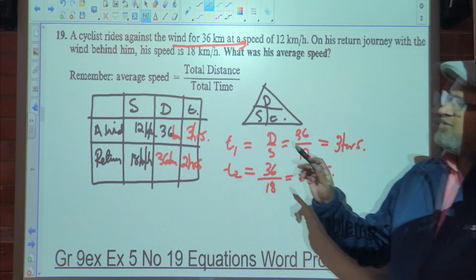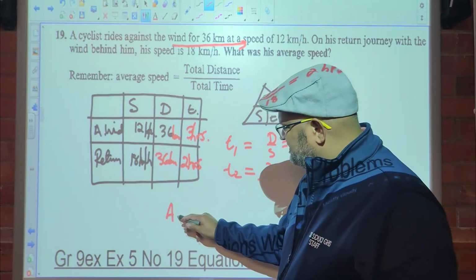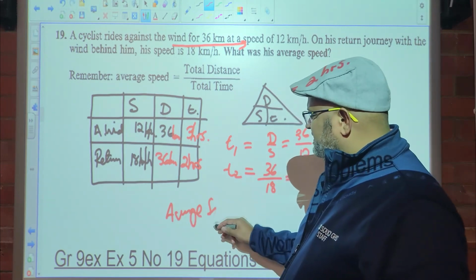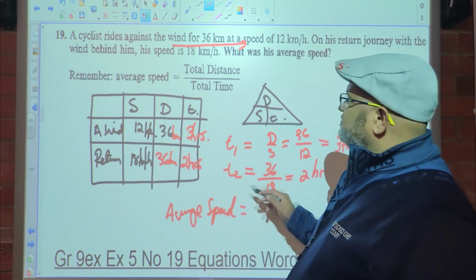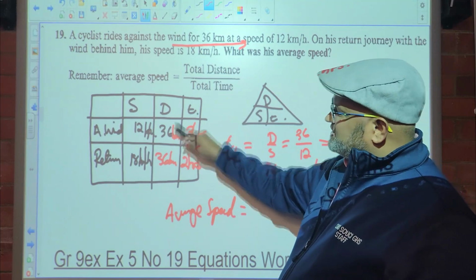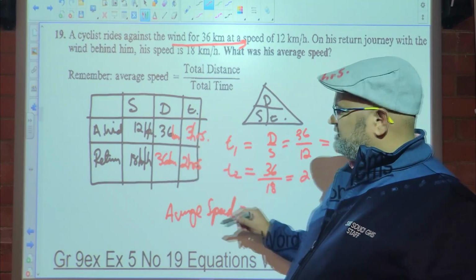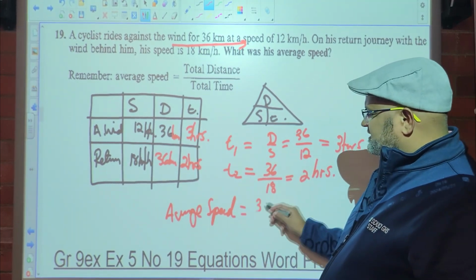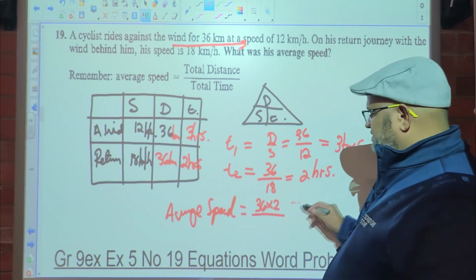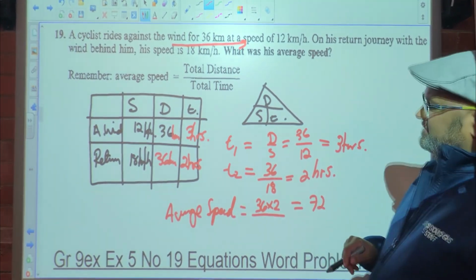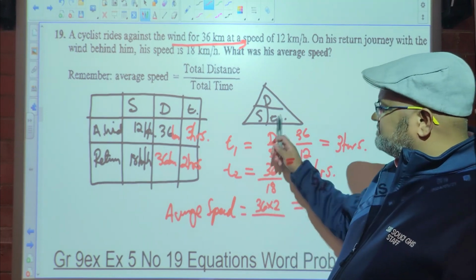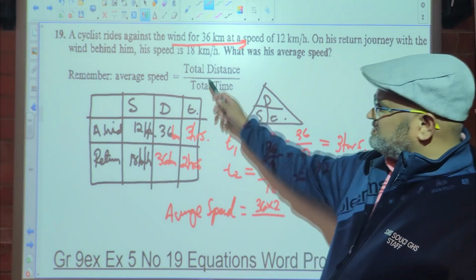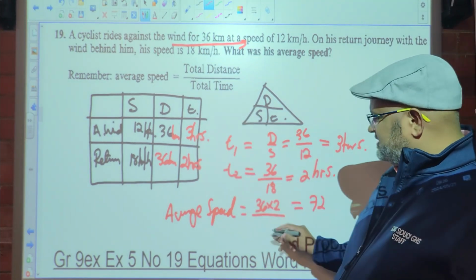But they want you to work out the average speed. So the average speed is going to be the total distance. What's the total distance covered? 36 plus 36, which is 72, divided by the total time taken. Total time is going to be 2 plus 3, which is 5.